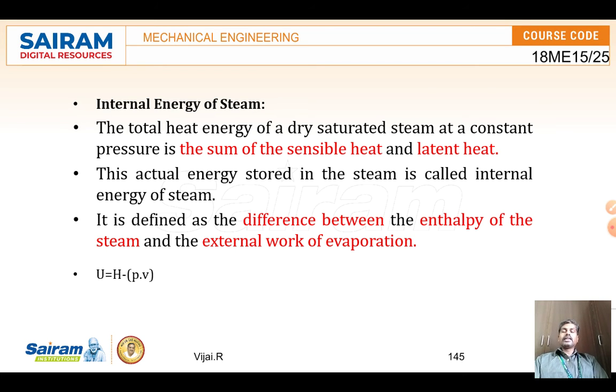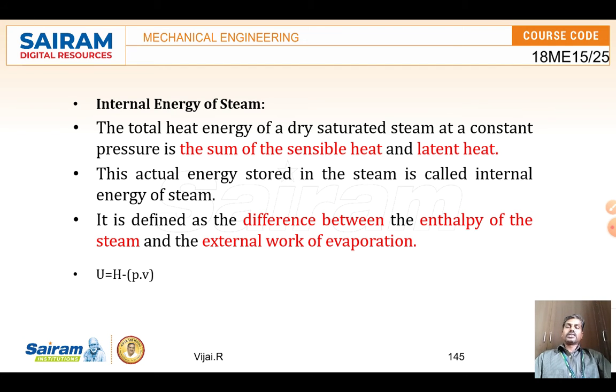And internal energy of steam. Okay, what do we mean by internal energy? Internal energy is the total heat energy at constant pressure, the sum of the sensible heat and the latent heat. We have already seen what sensible heat and latent heat are. The amount of heat required for raising the temperature of water from 0 degrees to its boiling point is the sensible heat.